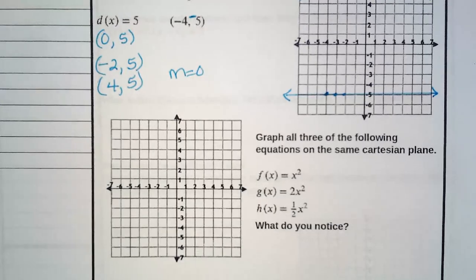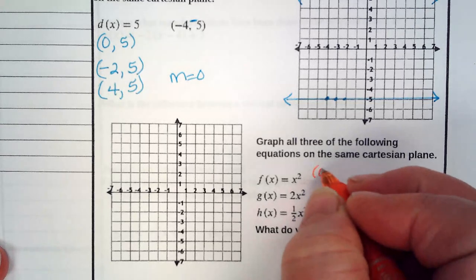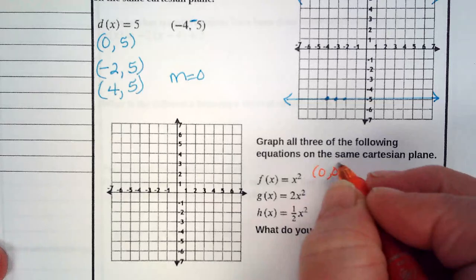Okay, so the last one is to get you to think about what happens. So as we're looking at the first one, f of x is equal to x squared. So as I'm giving myself points, when it is 0, 0 squared is 0.